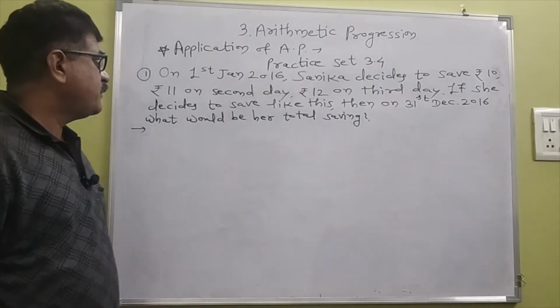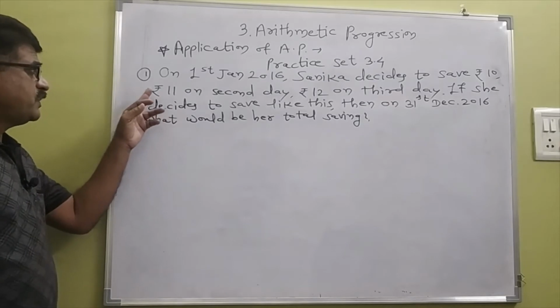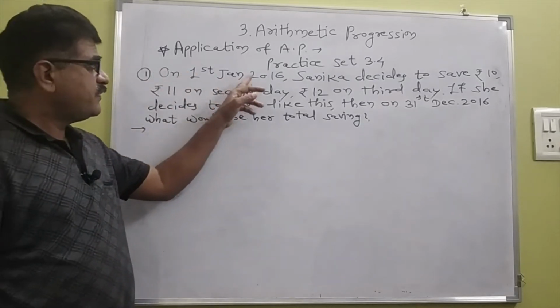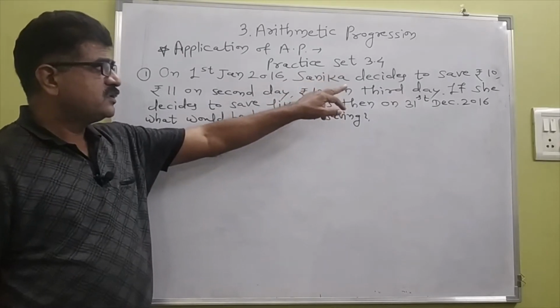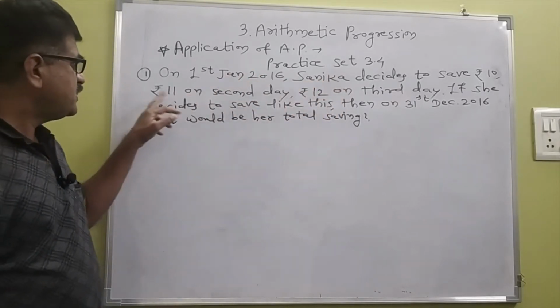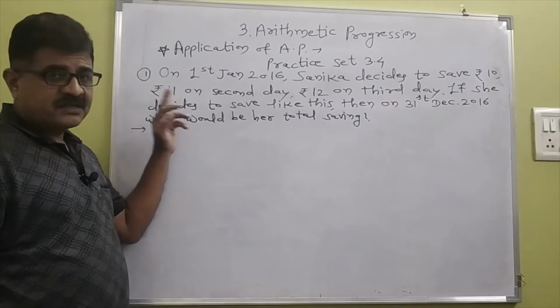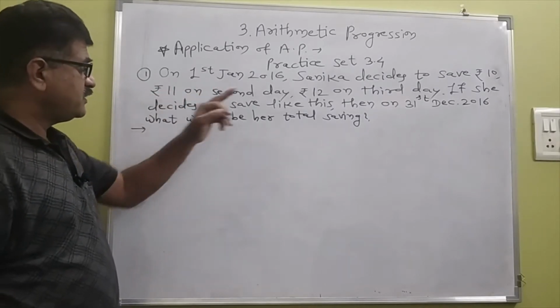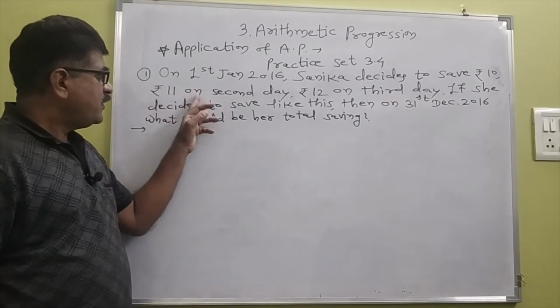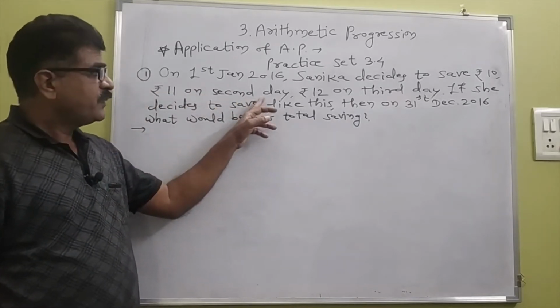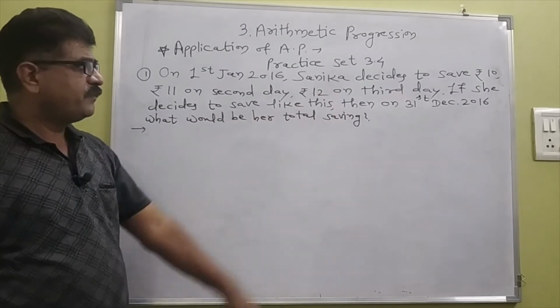Practice set 3.4, first example. On 1st January 2016, Sanika decides to save rupees 10 on the first day. There is a correction: rupees 10 on the first day, rupees 11 on the second day, rupees 12 on the third day, and so on.